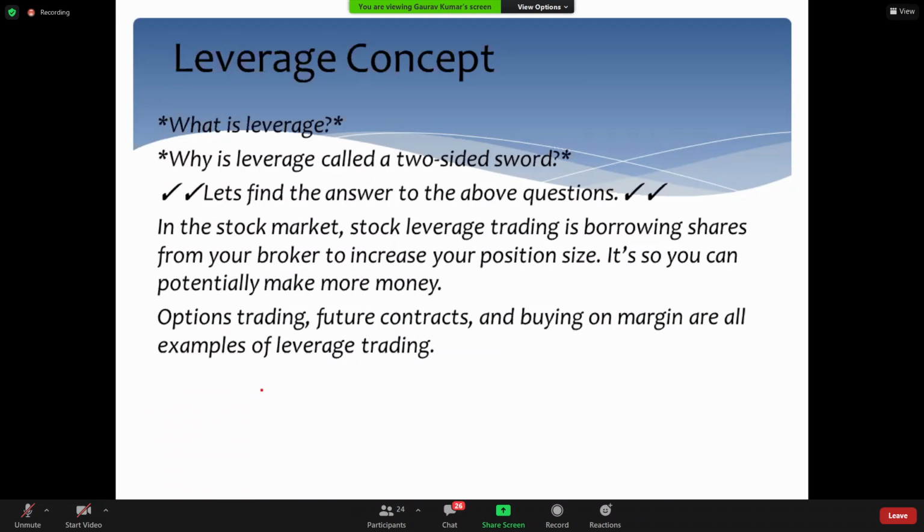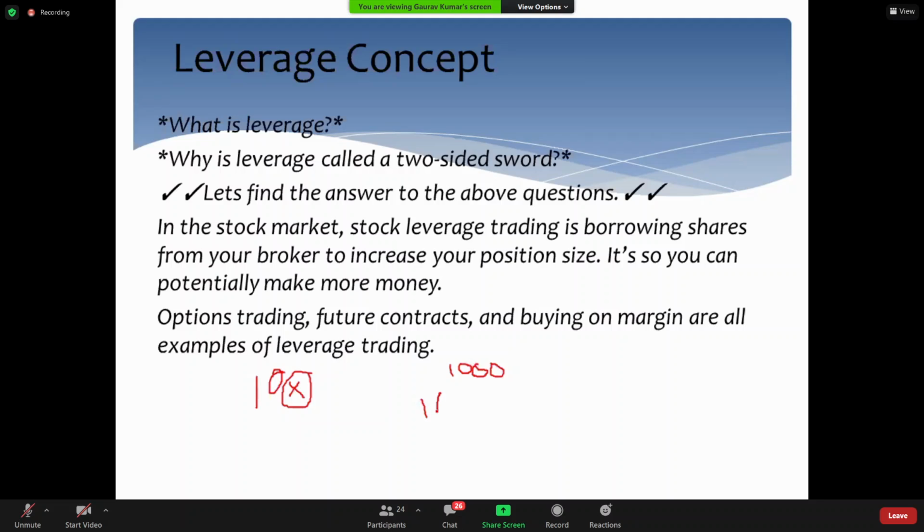Leverage trading is, suppose your broker is giving you 10x leverage. So this x is representing your capital. Suppose your capital is 1000 rupees.